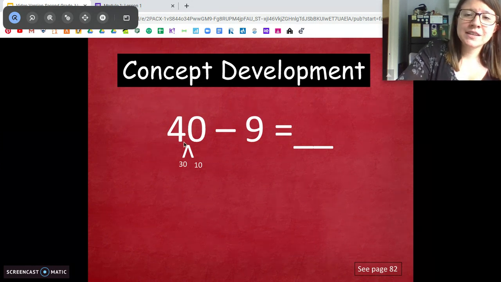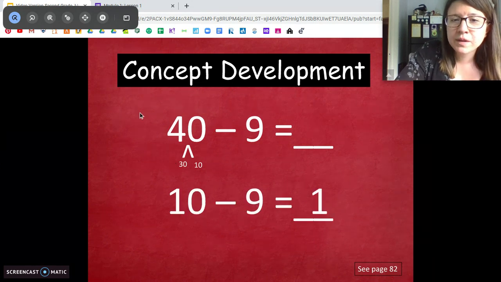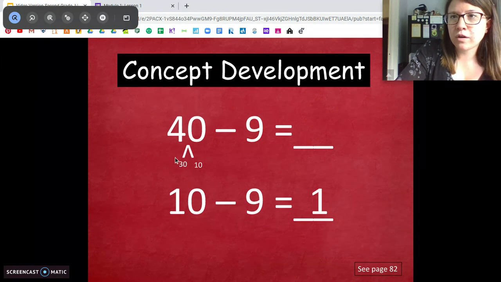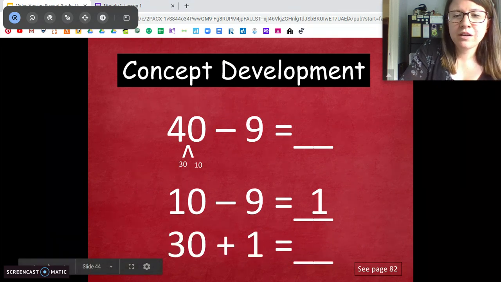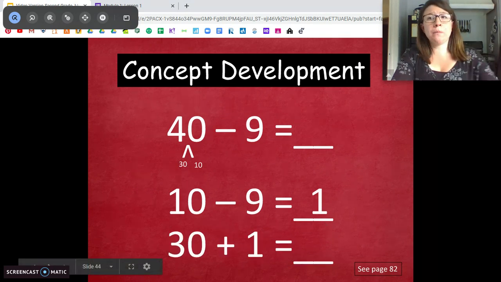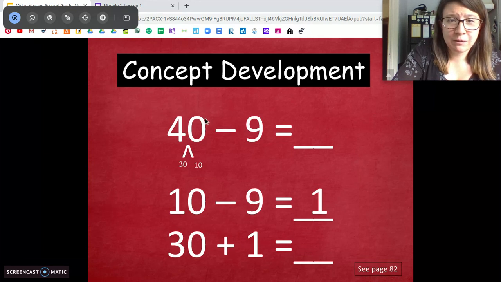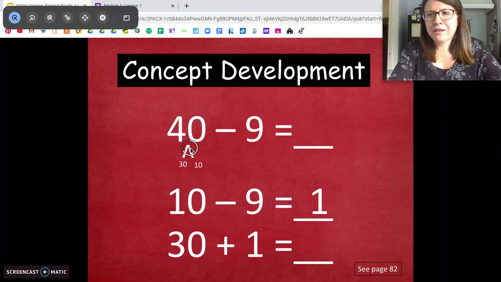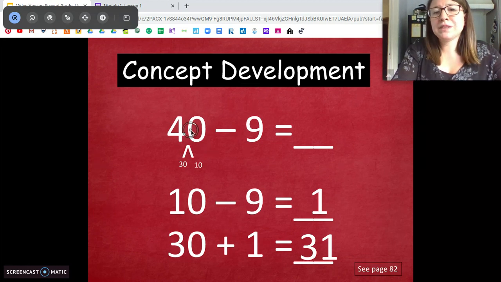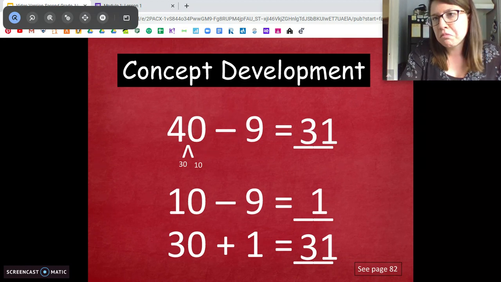We know that one. 10 minus 9 is 1. What is left over? The 30, right? So we need to add that 30 to the 1. 30 plus 1 is so much easier to figure out than 40 minus 9, right? You know that off the top of your head, lickety split. 30 plus 1 is 31. So 40 minus 9 is 31.